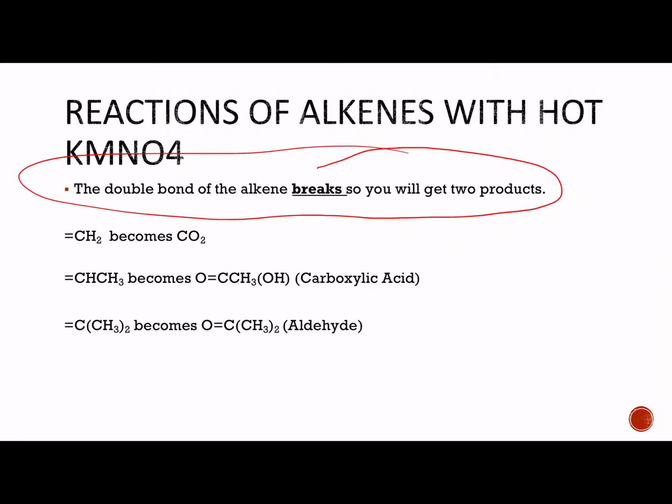If you have, for example, this alkene and hot KMnO4, the whole bond breaks. It's kind of like a chicken wishbone, where 2 people get the 2 halves of it, and you end up with the 2 halves of the molecule.